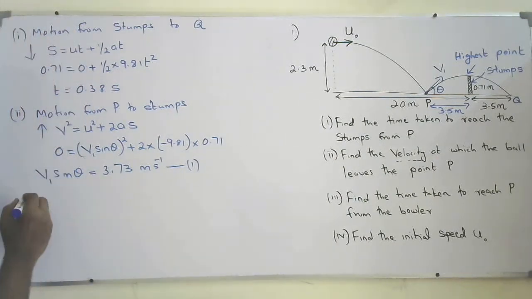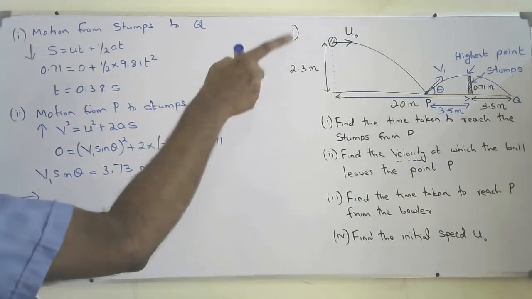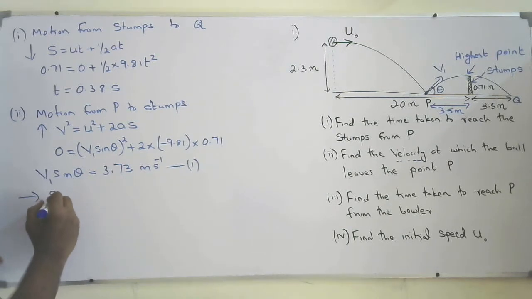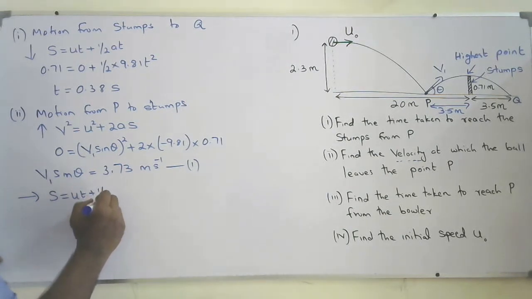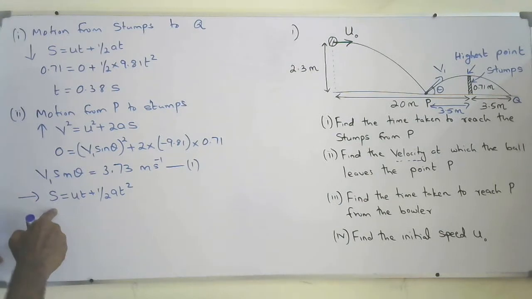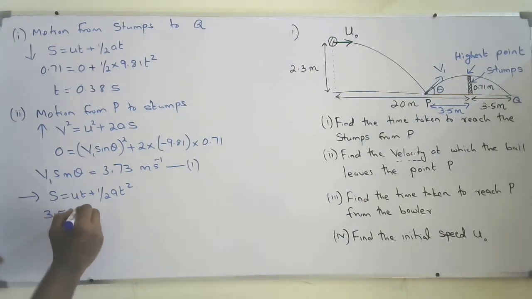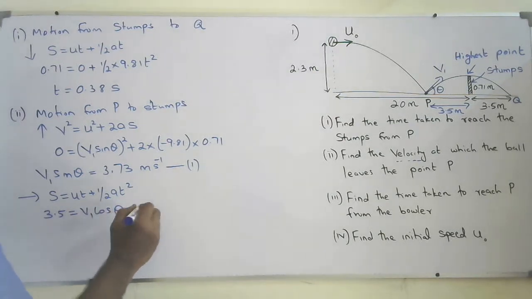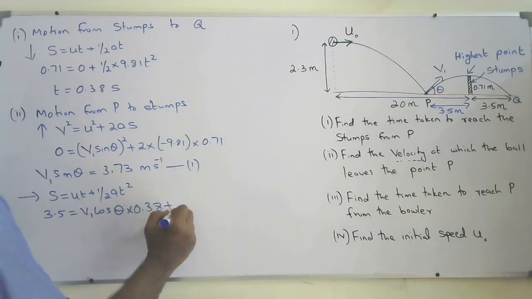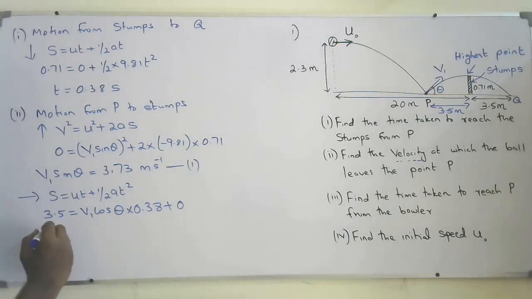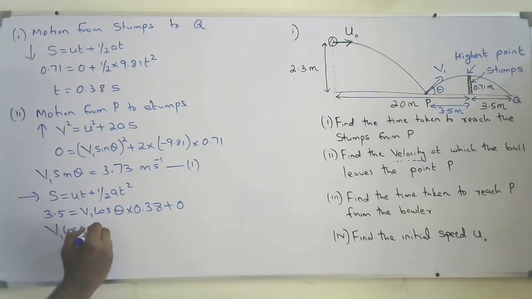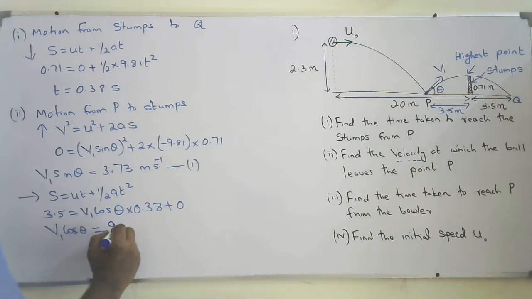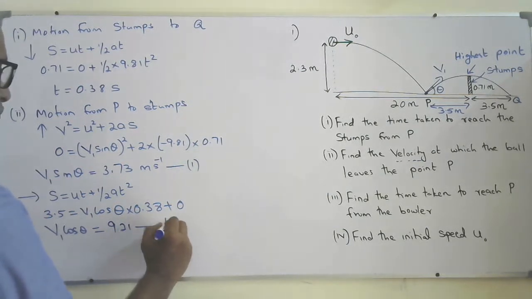So I can use horizontally, for the motion from P to the highest point, S equals ut plus half at squared. S is 3.5. Initial velocity will be V1 cos theta, into time 0.38, plus horizontally no acceleration. So from that I can find V1 cos theta. That will be equal to 9.21. That will be the second equation.